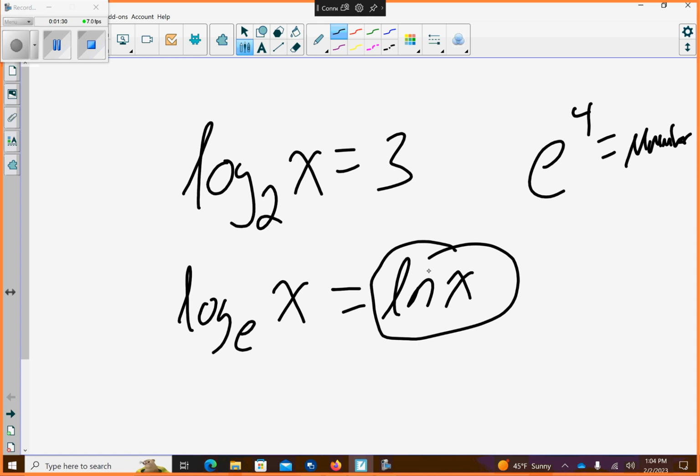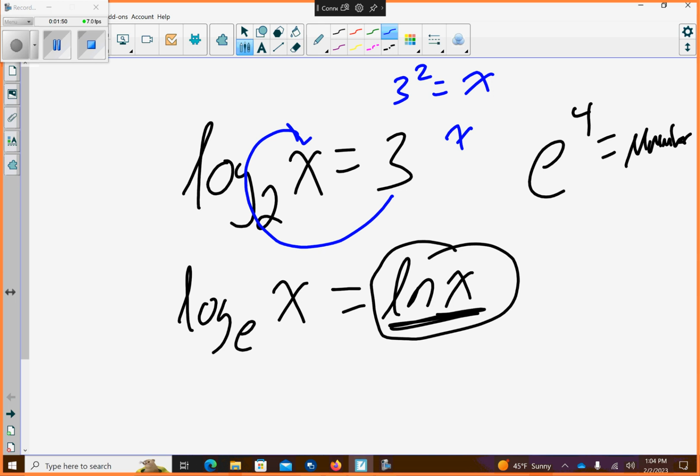They were able to create these operators for math. So natural log is not going to be a base, because natural log is just natural log, but with log base something, if I were to turn this back into an exponent, it'd be 3 to the second is equal to x. And then you could say that x is equal to 9. Okay, but that's still algebra 2.